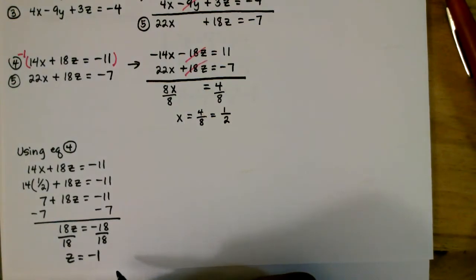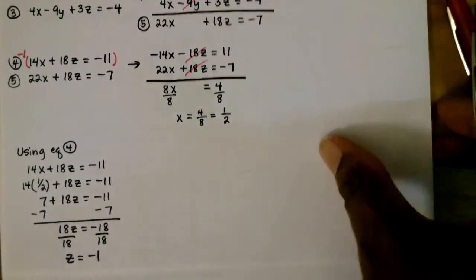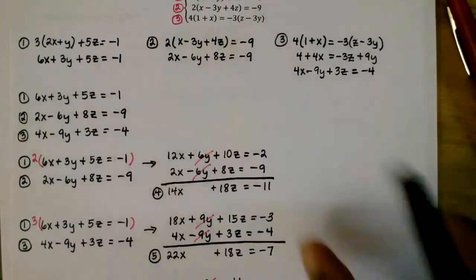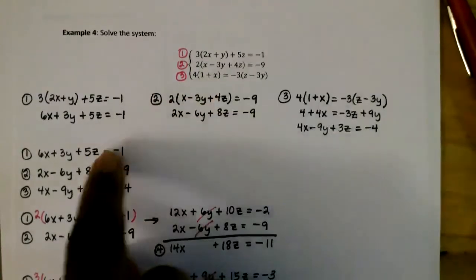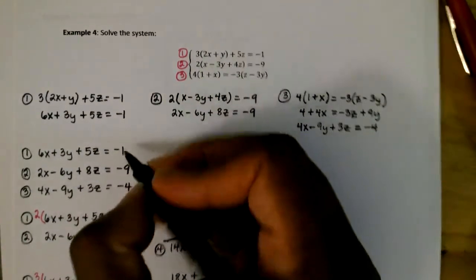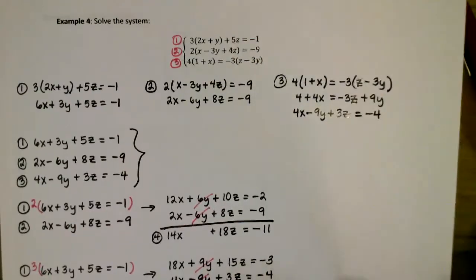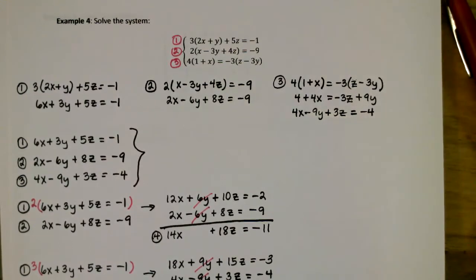Now I need to find out what y is. Well, to find out what y is, I need to go back to one of my original equations, and I'm not going to be using these up here. I'm going to be using these right here. These are the ones that I used here because they're more simplified.